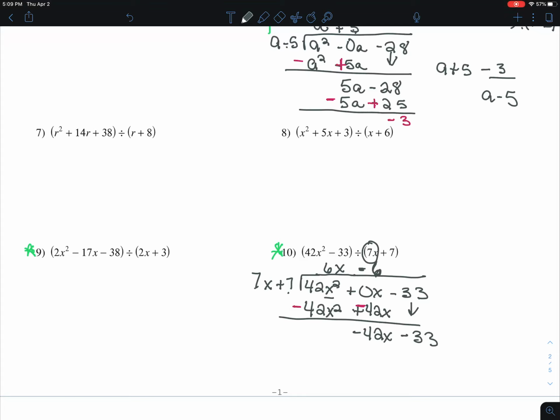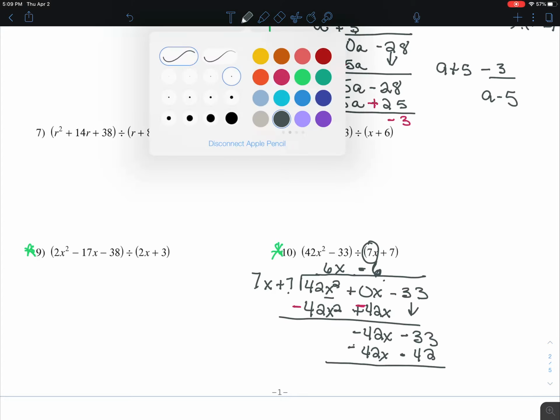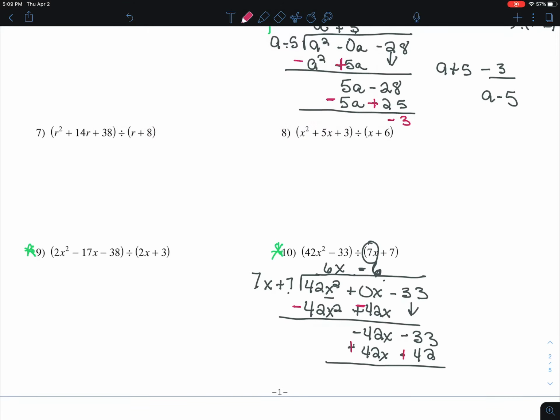So we've divided. Now we multiply both terms. So I get negative 42x. And 7 times negative 6 is also negative 42. We subtract by changing our signs and adding.